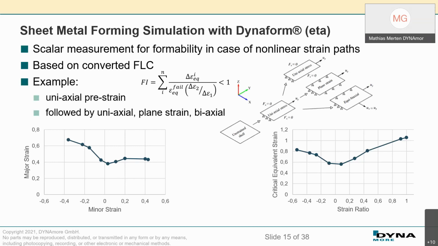In the manual, the example is a bilinear straining of a shell. In this case, for example, you have a uniaxial pre-strain, and this may be associated with such a point in the FLC. So after this kind of forming, you will have a strain point here. This strain point can also be translated into this space, and it may lie here.